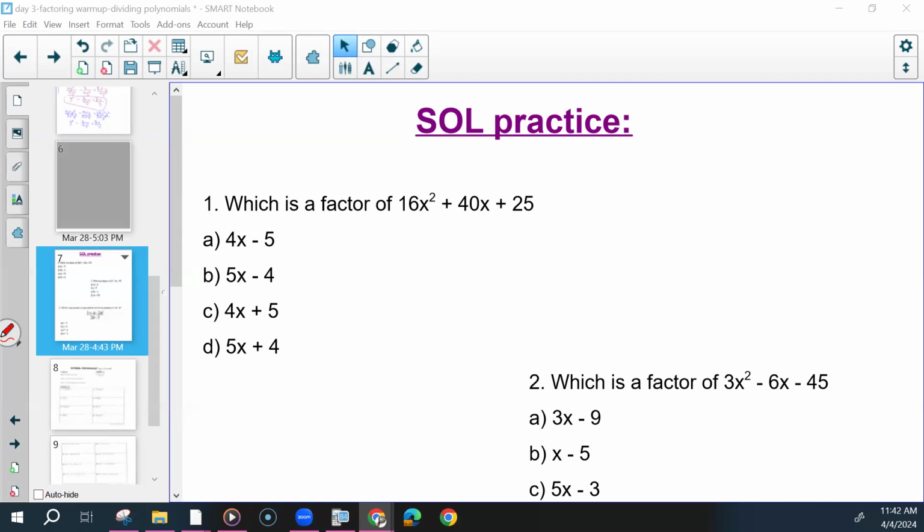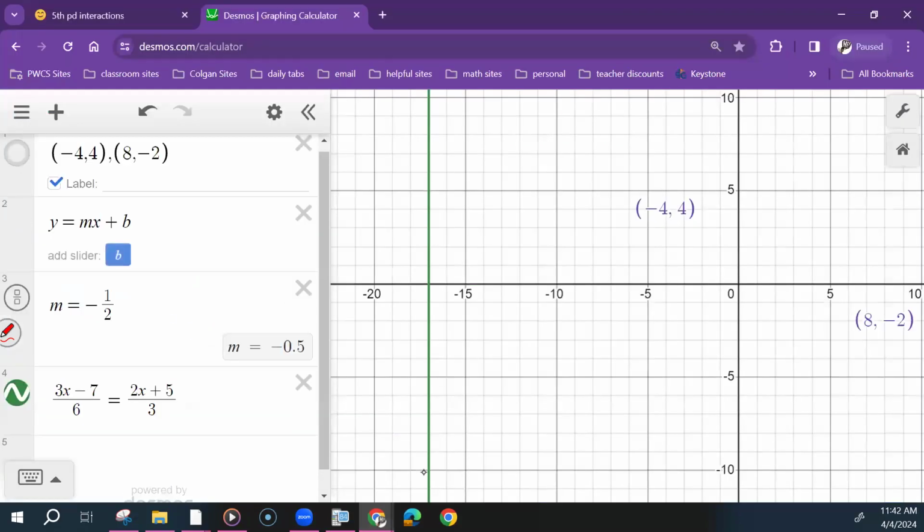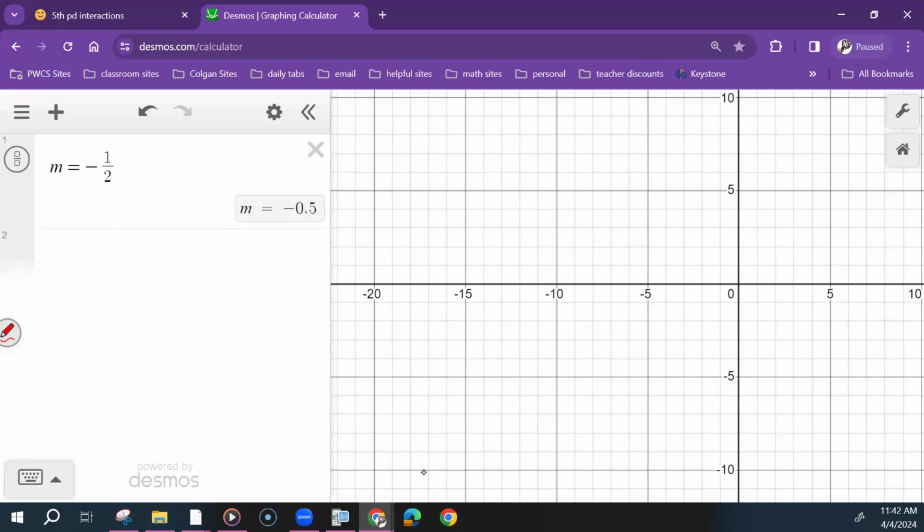Go ahead and type in 16x squared plus 40x plus 24. On the SOL page, type that in, number 1. When you finish that in separate lines, start putting in the answer choices.